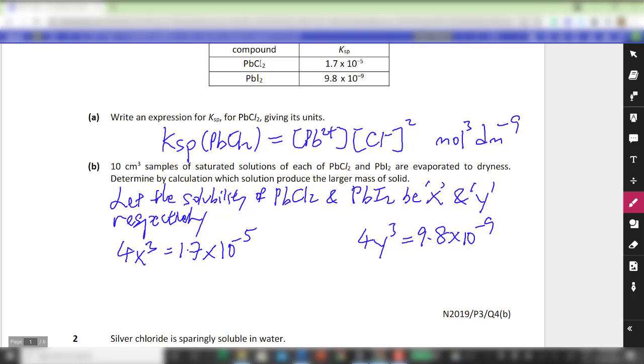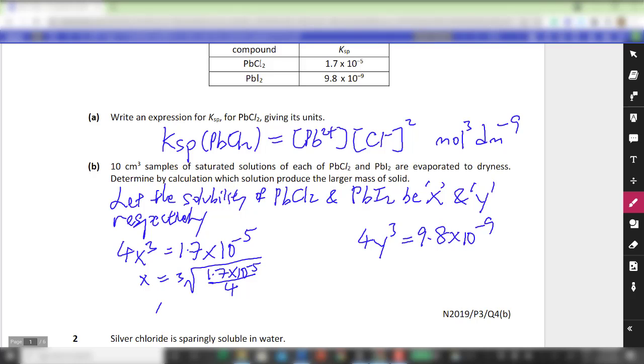From here we will calculate x. x is therefore equal to the cube root of 1.7 times 10 to the power of minus 5 divided by 4.